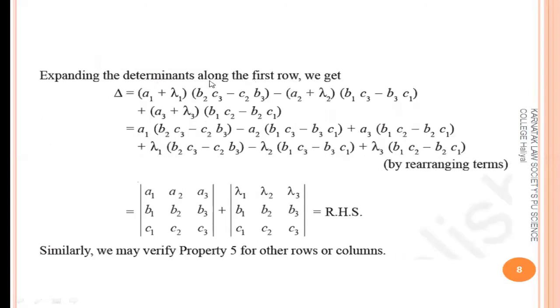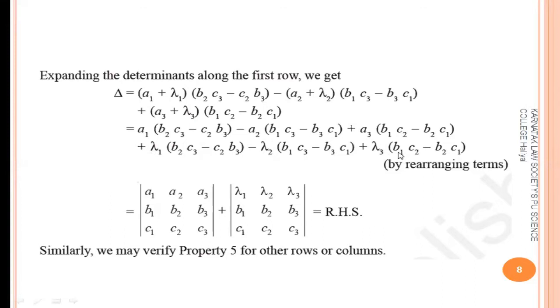See, expanding the determinant along the first row, here you will get, as usual, A1 plus lambda 1. Take A1 and the bracket on one side, and lambda 1 into the bracket on the other side. Likewise, minus A2 into the common B1 C3 minus B3 C1 on one side. First take the A terms, A1, A2, A3, and secondly take lambda 1, lambda 2 and lambda 3, with the brackets remaining the same.